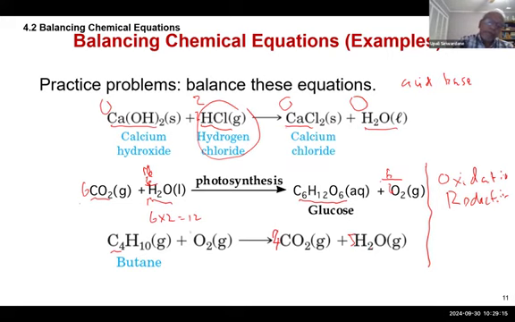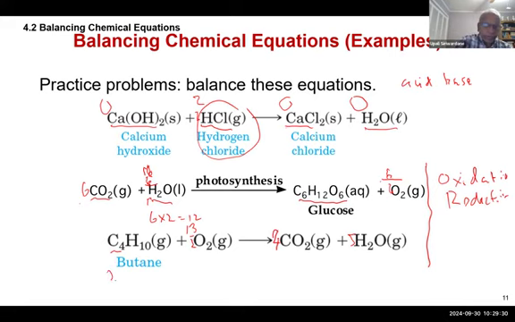So this is going to be 13 divided by 2. When you have a fraction like that, you have to multiply all the stoichiometric coefficients.